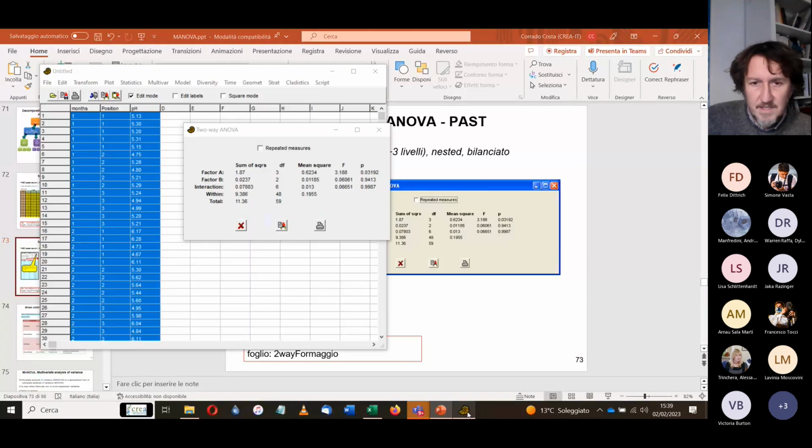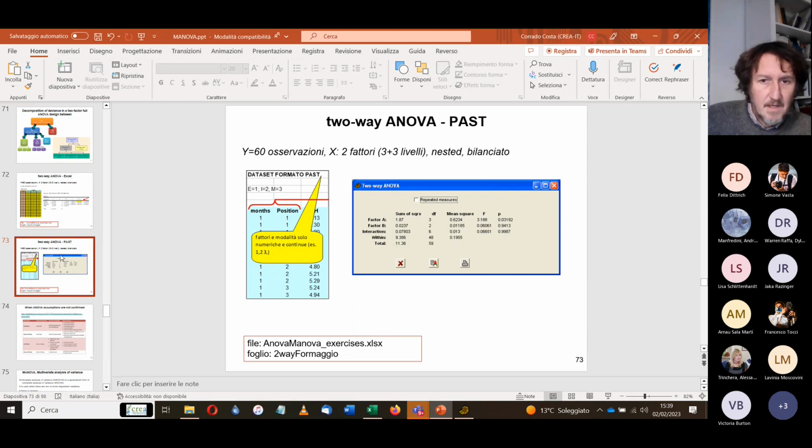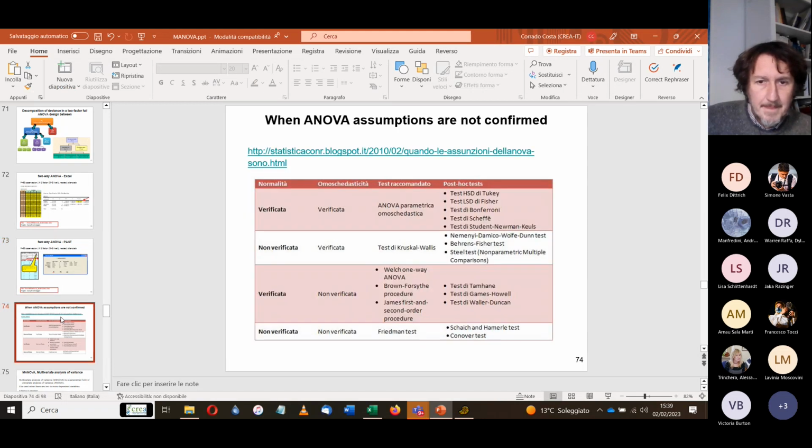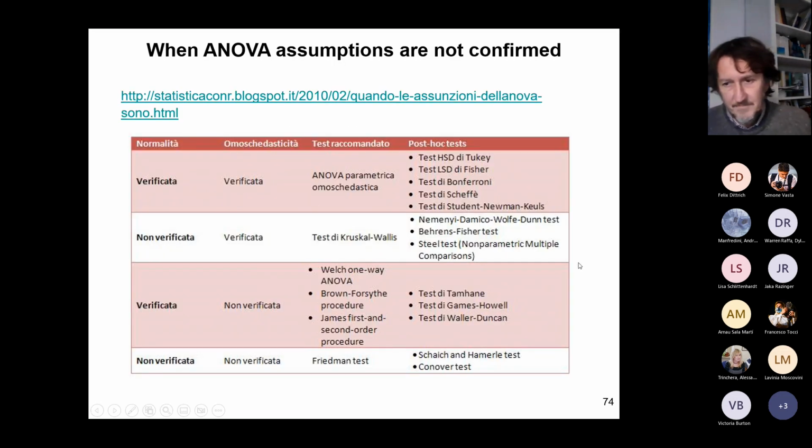Of course, also here we have repeated measures. And so if you have a repeated measure design, you can use it in this way. So this is a very, very important slide.